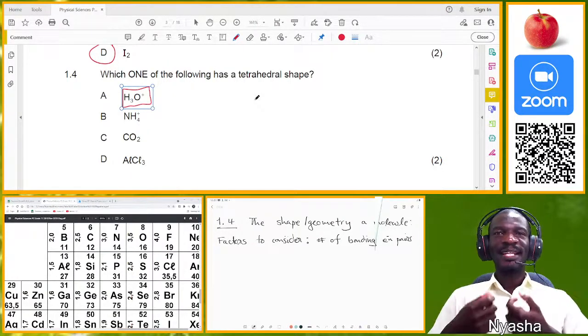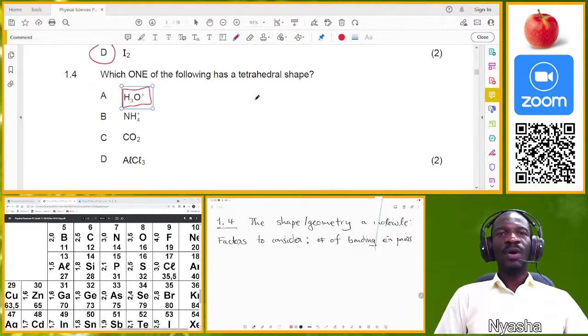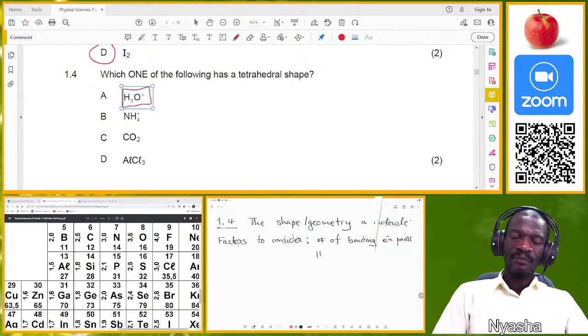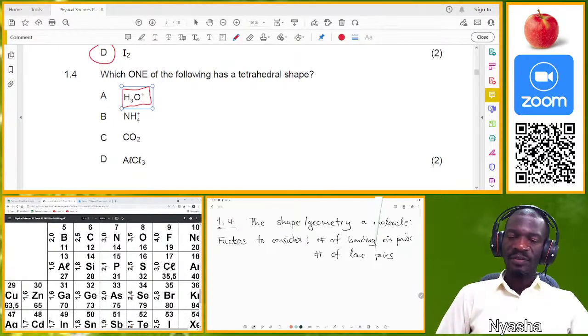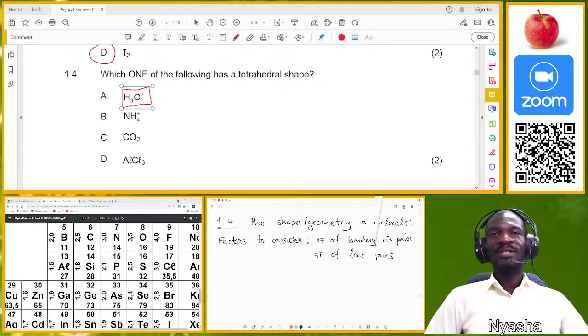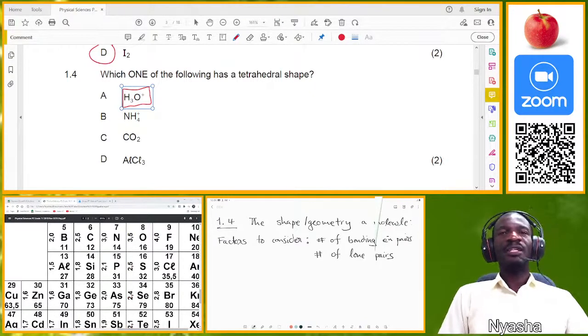We look at the central atom, obviously, and find out the number of electron pairs that are used for bonding. Once you have those, then you look at the number of lone pairs. You compare the number of bonding pairs and the number of lone pairs, and then you will determine a geometry.